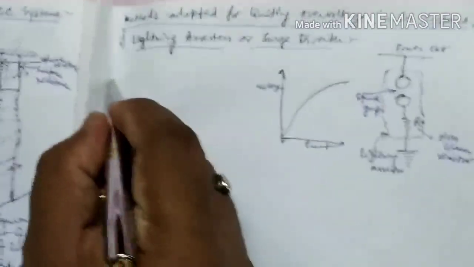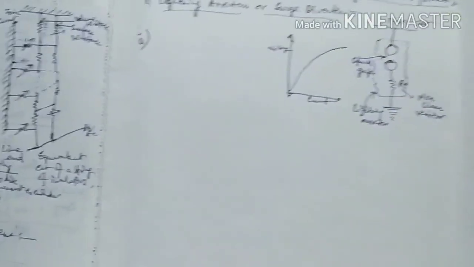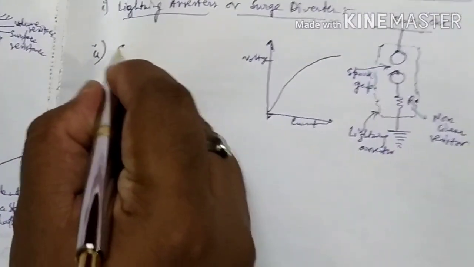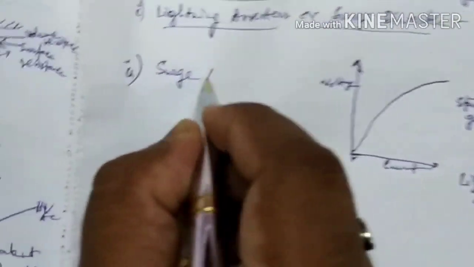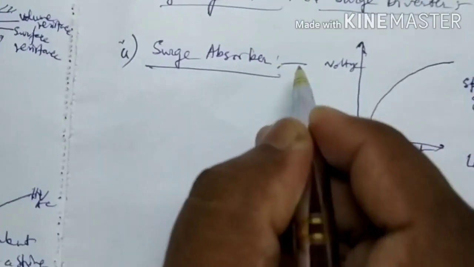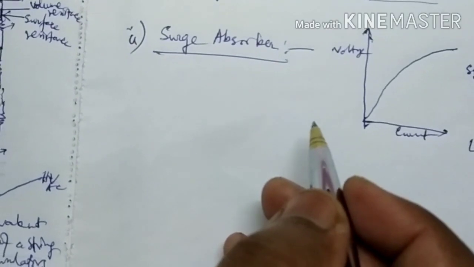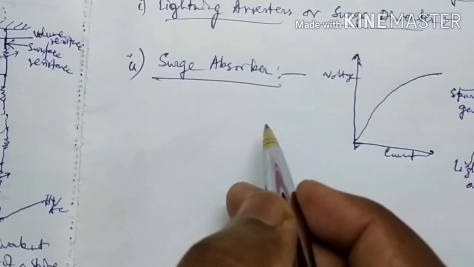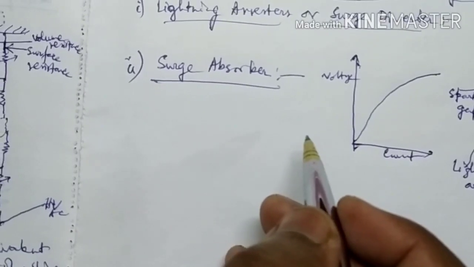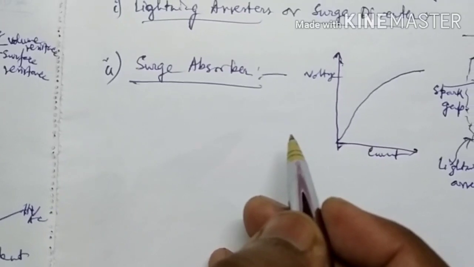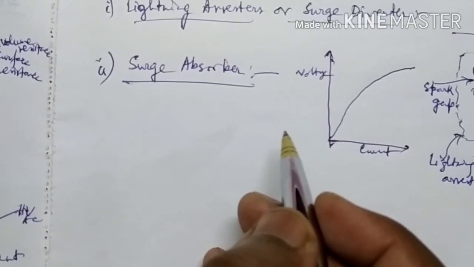So the second point is the surge absorber. A surge absorber is also a protective device which reduces the steepness of the wave front of a surge by absorbing the surge energy.